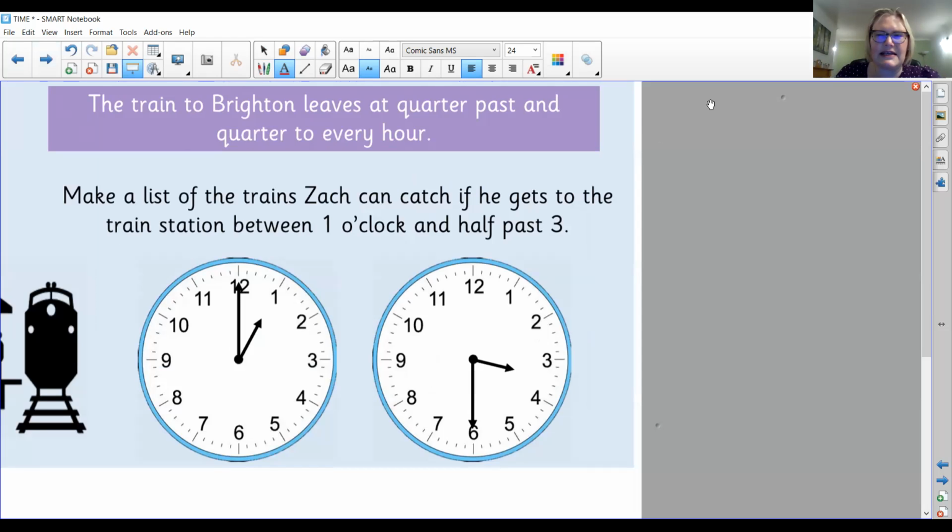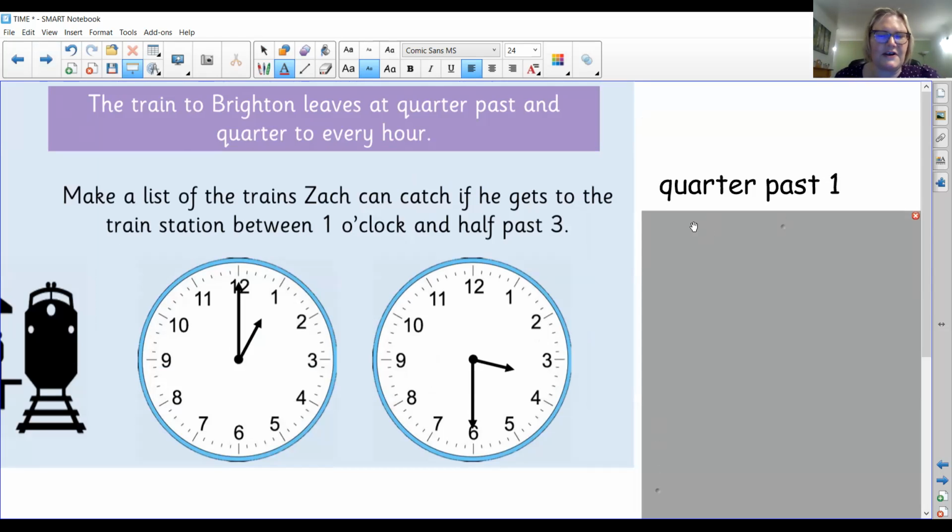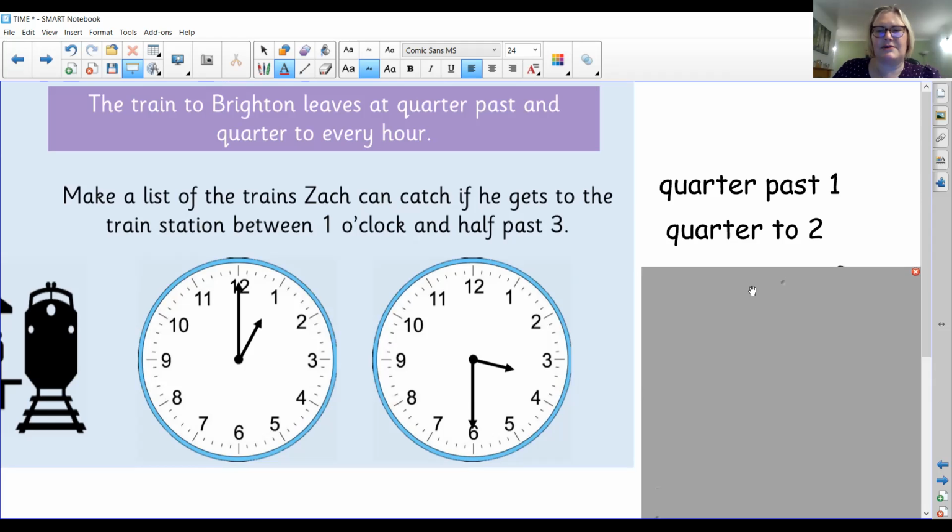So I had a little think about it, and the first train that Zach could catch would be 1:15. Okay, and then we need to add on a quarter of an hour. So it would be quarter past and quarter to every hour. So the 1:45 one would be the next one.